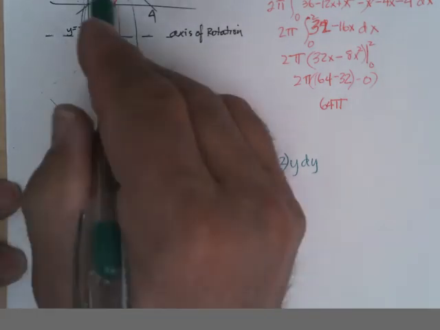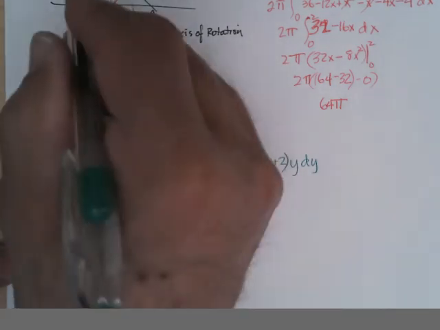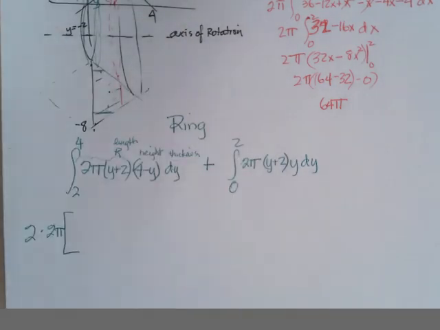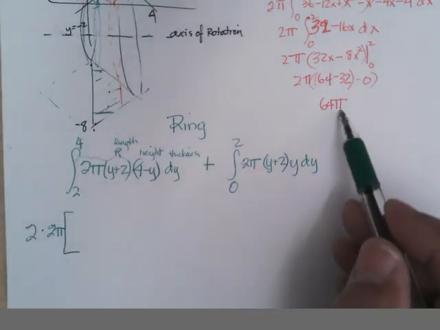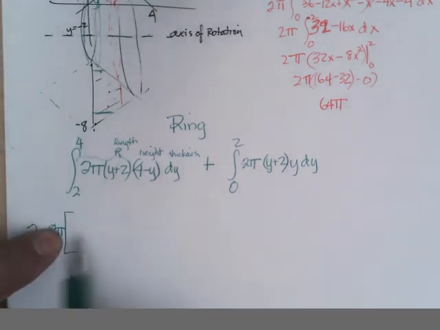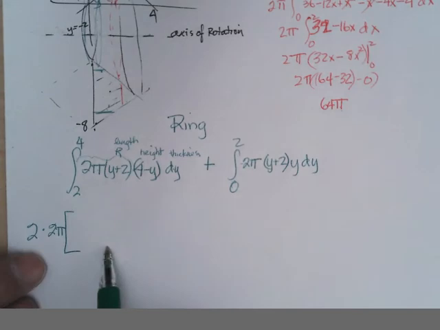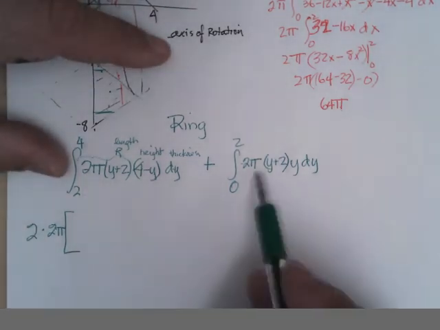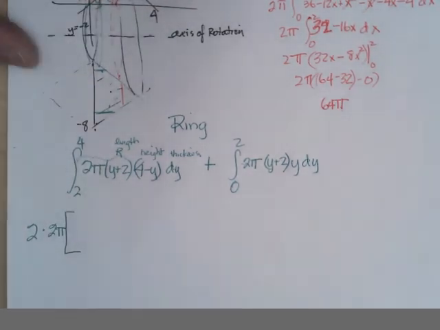And that would be just half of the ring, and I have to do the other half, so I'd have to multiply it by 2. So I'm going to have to take 4 pi times the answer. So if I want 64 pi and I'm multiplying by 4 pi, this in here better be 16. I better get 16 from my two integrals, taking the 2 pi's out.